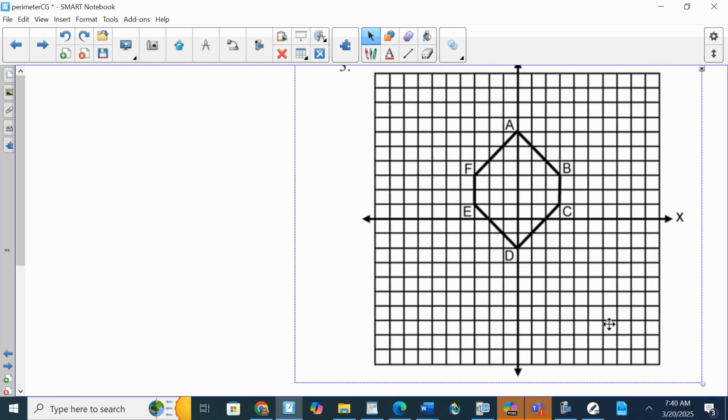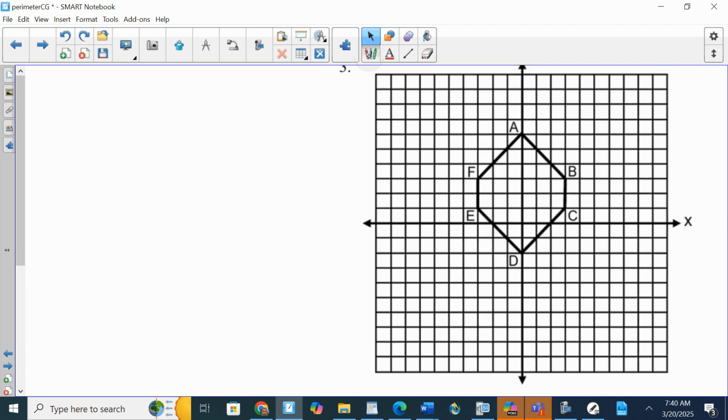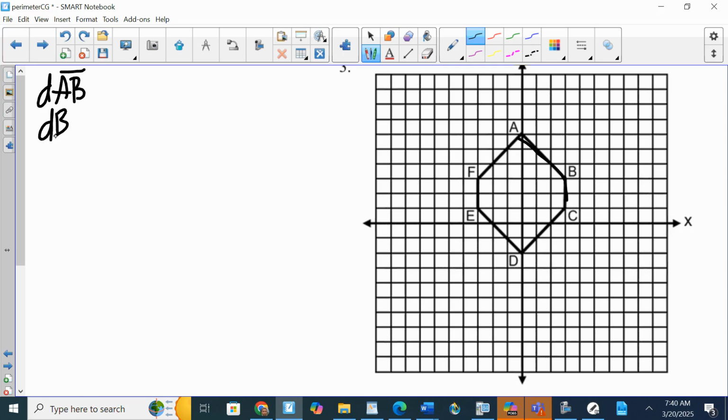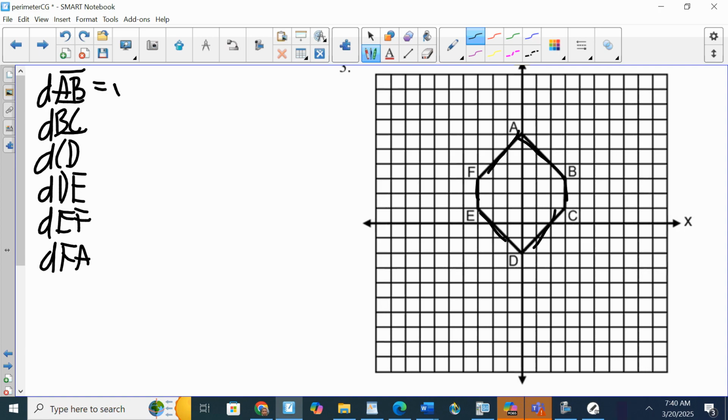So I'm going to have to find the distance of each side: AB, BC, CD, DE, EF, FA. I have 1, 2, 3, 4, 5, 6. I got them all. And now I'm going to calculate the distance for each of them.